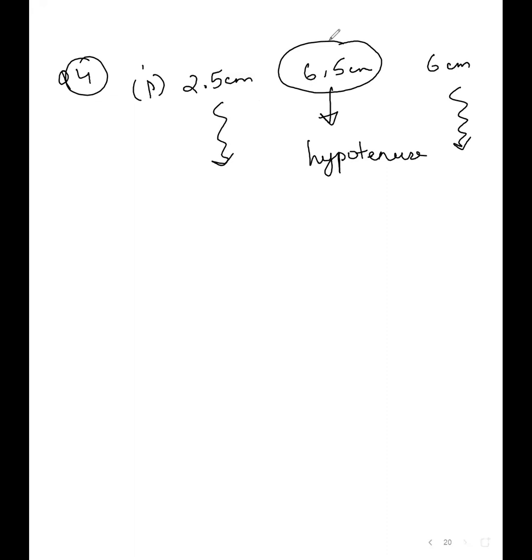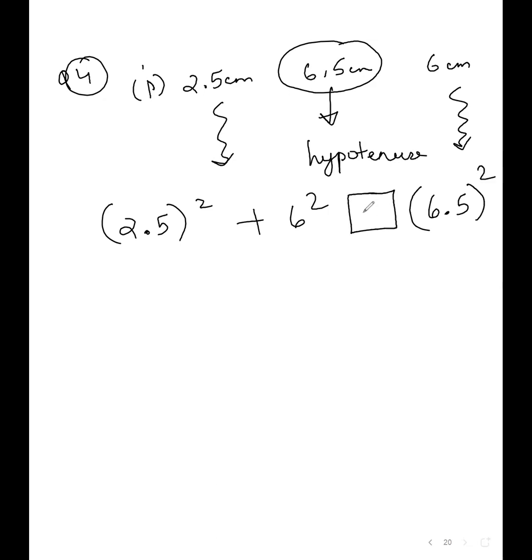Am I right? So what does that mean? If 2.5 square plus 6 square gives you 6.5 square, if it is equal, then it will be a right angle triangle. So in this box, you have to fill whether it is equal or not equal. Fine. Let's find out the LHS.